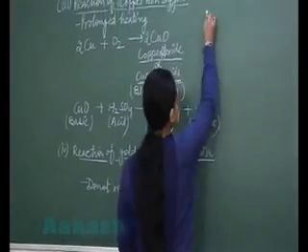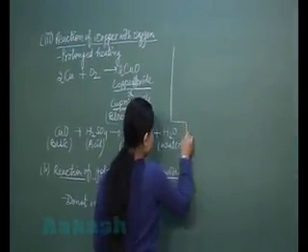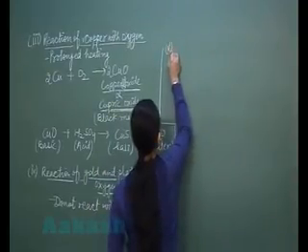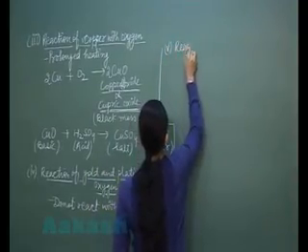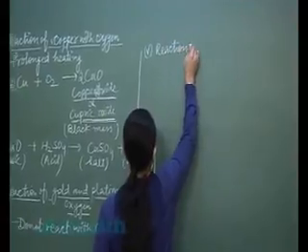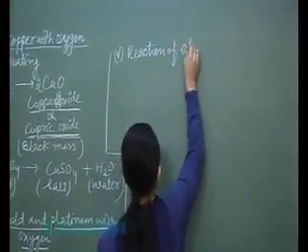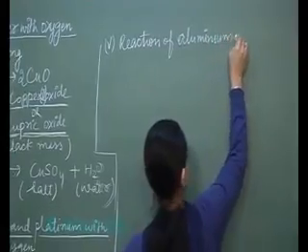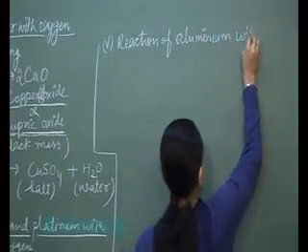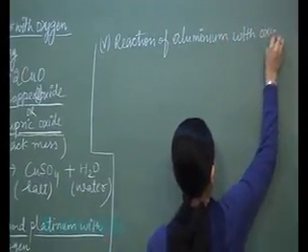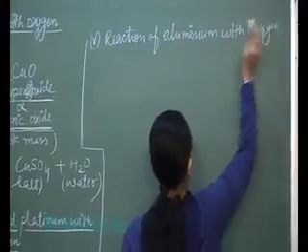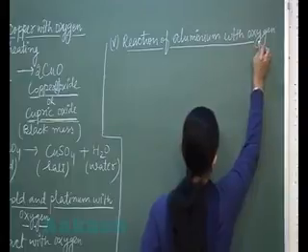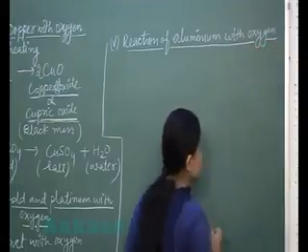So next is the reaction of aluminium with oxygen. Students, aluminium is not as reactive with oxygen as is expected from its position in the reactivity series.